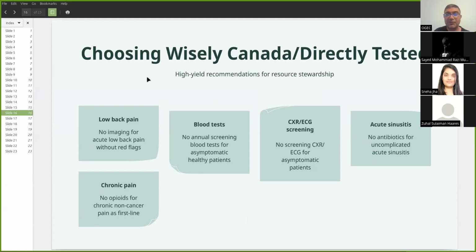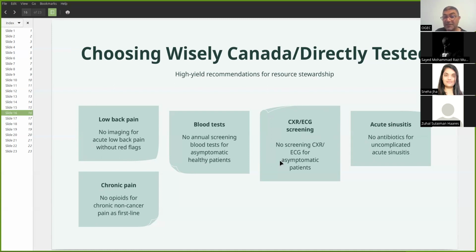So in Choosing Wisely Canada, there are guidelines for low back pain, for blood tests, for chest X-ray, ECG screening, for chronic pain, for acute sinusitis, for which patient we should give antibiotics, for which one we shouldn't give antibiotics, which patients require screening, chest X-ray or ECG, and which patients do not require that.